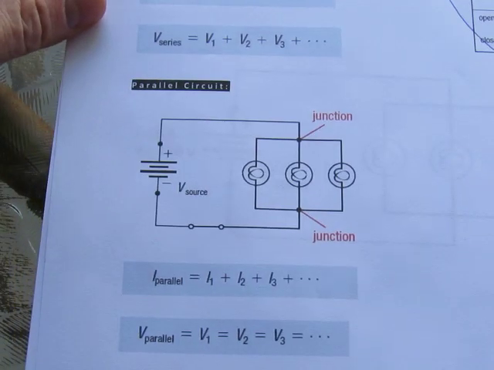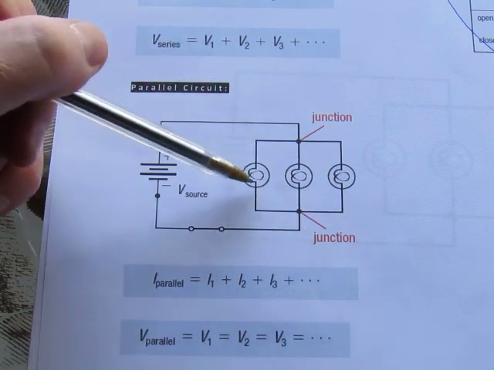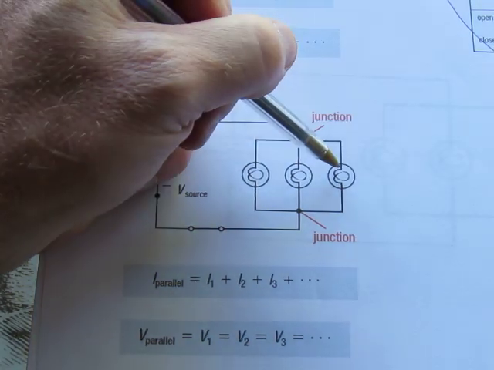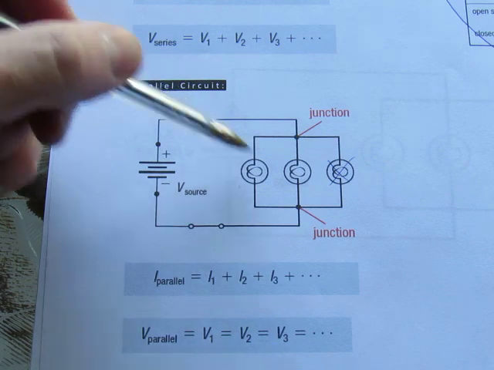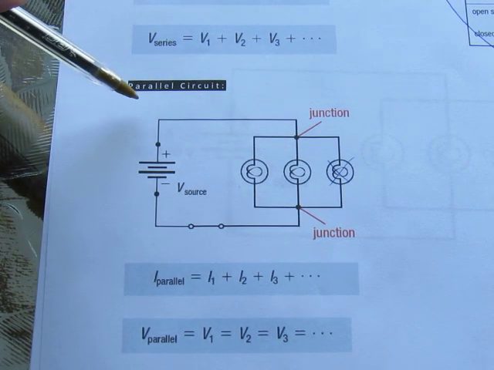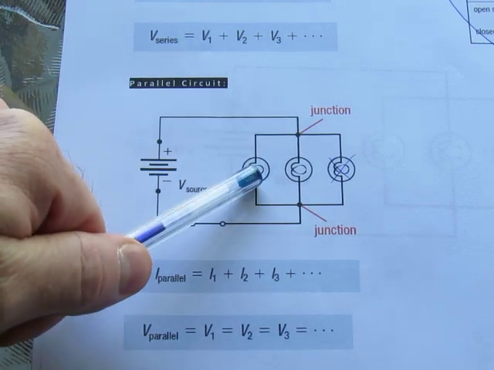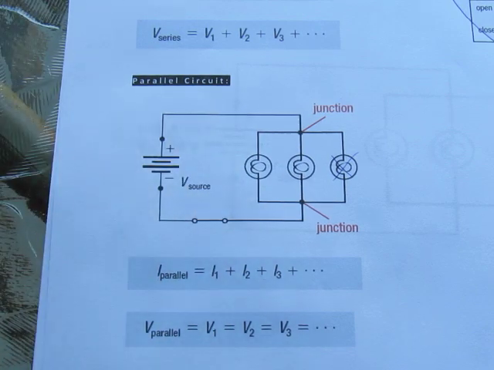In a parallel circuit, there are several different paths that electricity can take. And the benefit to having several different paths is if one of these paths gets wrecked, you still have other paths that electricity will still follow. So in a lot of devices, you want things to be wired in parallel because if something happens to one part of the circuit, you don't want the whole circuit to die.